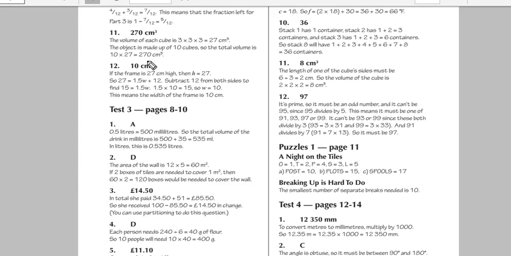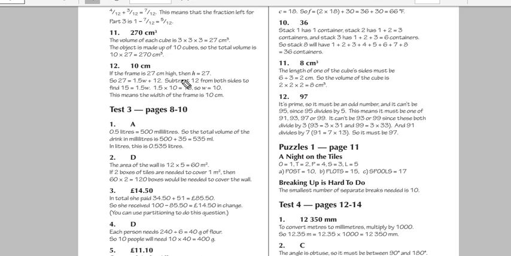Let's see, what did they write? They said, if the frame is 27 meters high, then h is 27. We agree with that. So 27 equals 1.5 w plus 12. Subtract 12 from both sides. So we've subtracted the 12 to find 15 equals 1.5 w. Yep, we agree, we got that.